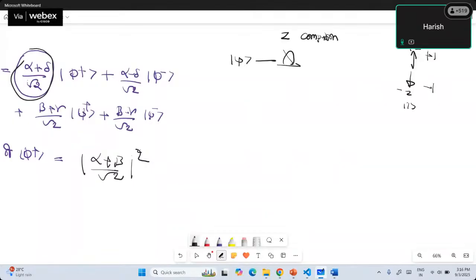So whenever we measure in the Z basis, if we get plus 1, or basically the plus Z axis, it means we have observed 0, and minus Z means we have observed 1.